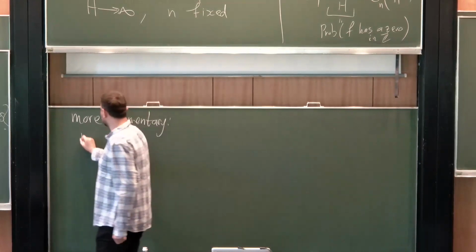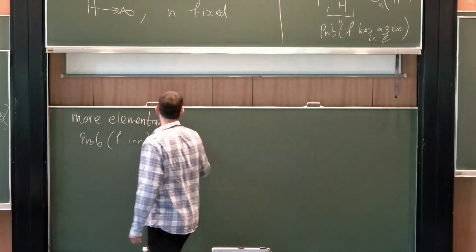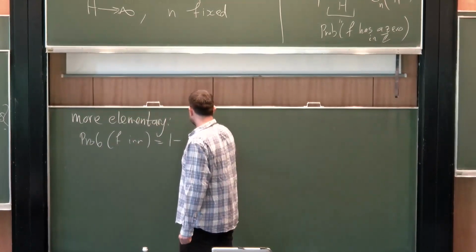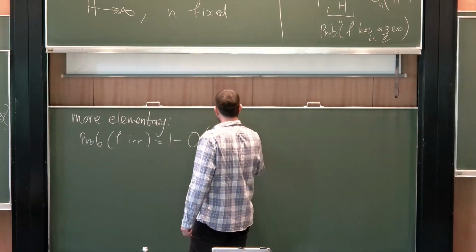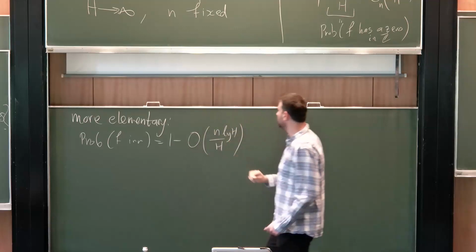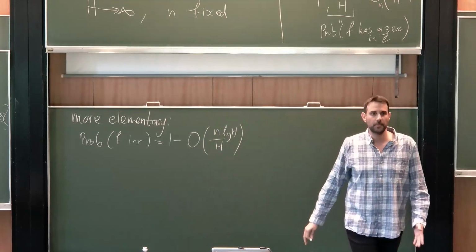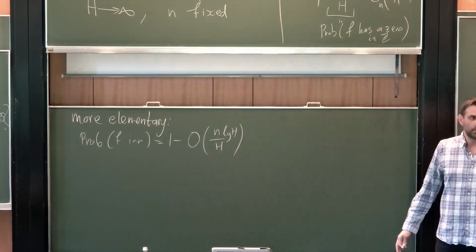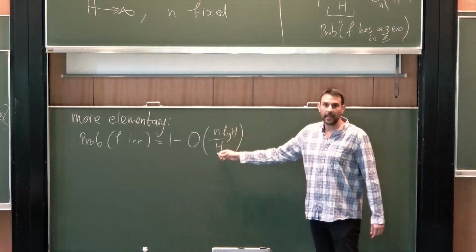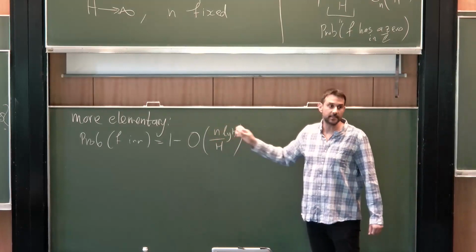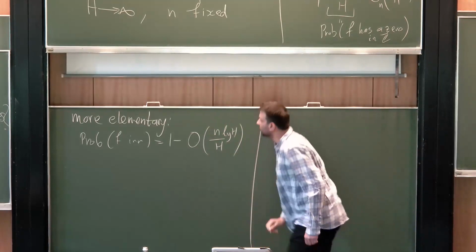So more elementary, you get that the probability that f is irreducible equals 1 minus O of, let's say, n log h over h. So it's less optimal, but this implied constant is absolute, in the sense that I don't remember exactly how much it is, but probably if you put 100, it's good enough. So it's not optimal in h, but at least the dependence in n is not bad. Okay? So this is about question number 1.